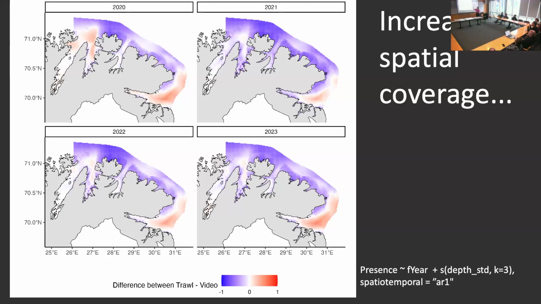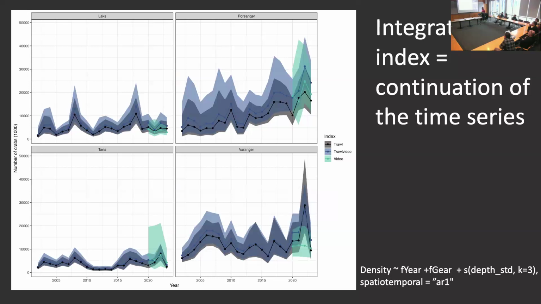It's quite obvious, but if you integrate this video index into the trawl, you get a higher spatial resolution. That's the point I want to make with this one.